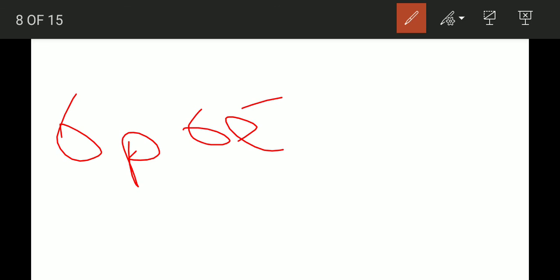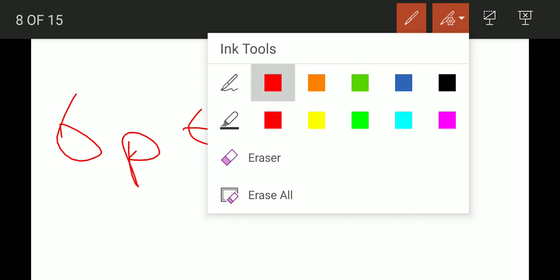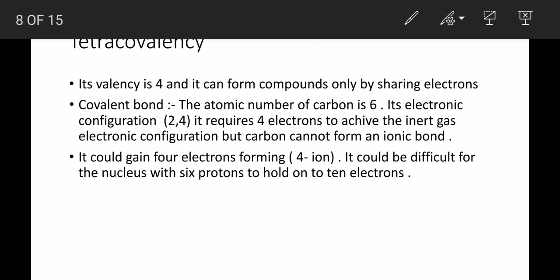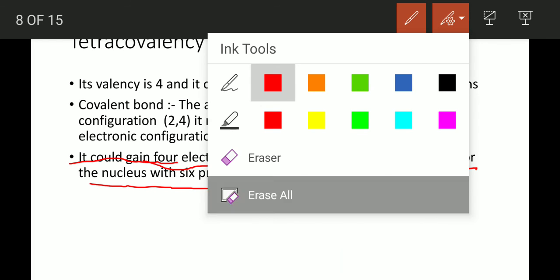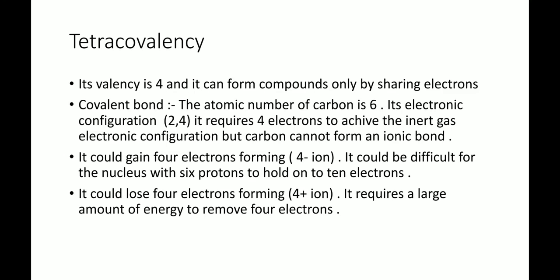That's why it cannot gain 4 electrons. They say that it could gain 4 electrons forming a 4 minus ion, but it would be difficult for the nucleus with 6 protons to hold 10 electrons. Next is why carbon cannot lose 4 electrons.